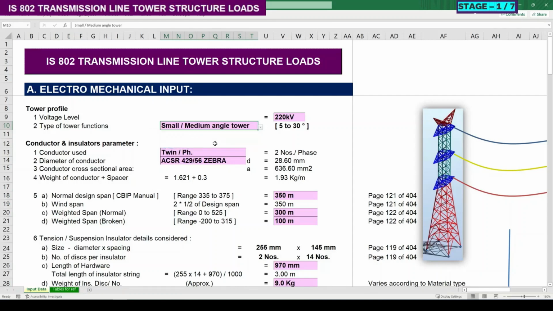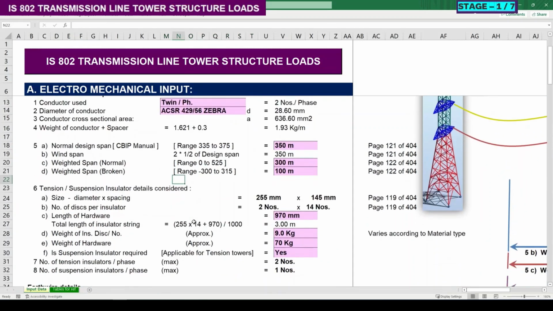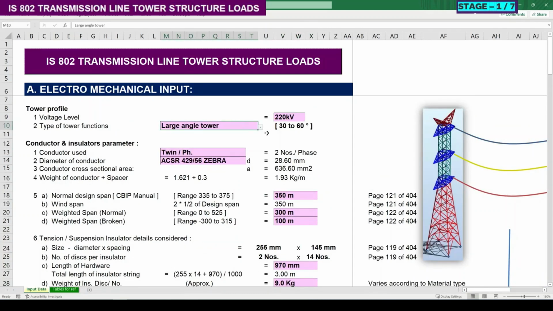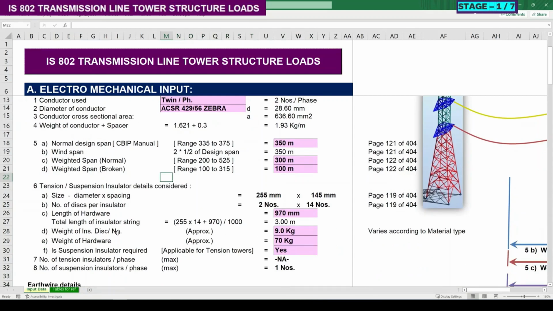For tension towers, we need to provide whether the suspension insulator is required or not. If it is no, then only the tension insulator will be considered. In our case it is only the suspension tower, so the suspension insulator is a must in this consideration.